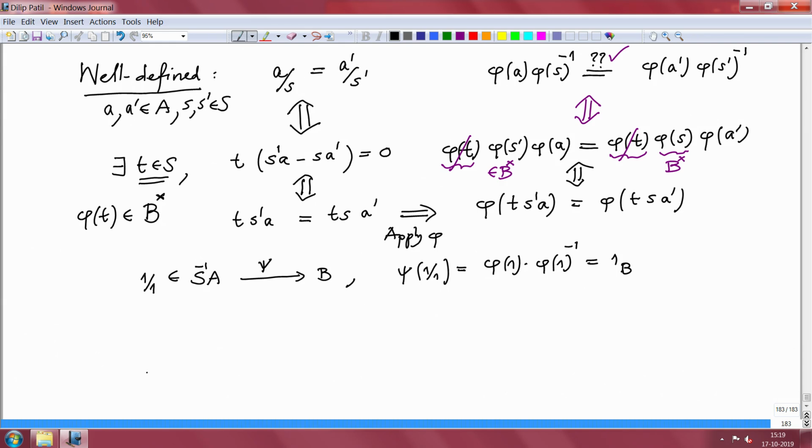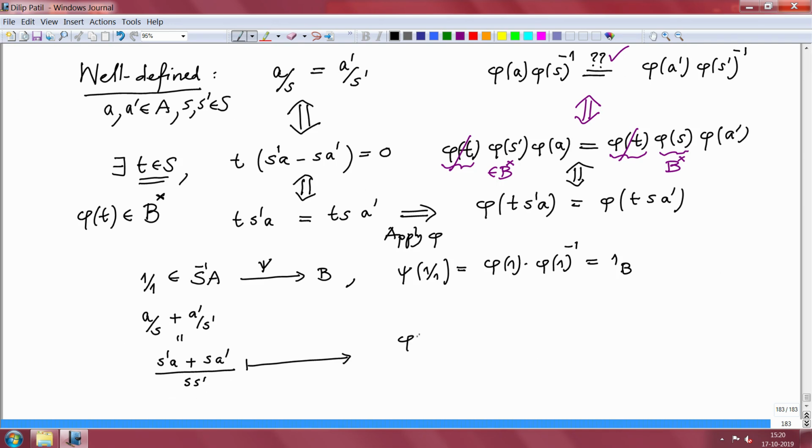Now we have to check that it is additive and multiplicative. So if I have two elements A by S and another one A prime by S prime, by definition this is S prime A plus S A prime divided by S S prime, and where does it go? Under psi it goes to: apply phi to the numerator and apply phi to the denominator and take its inverse.